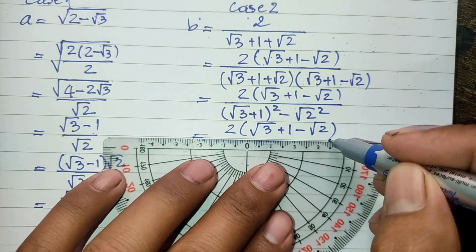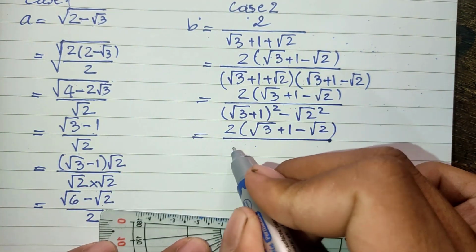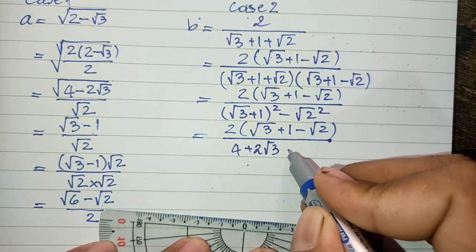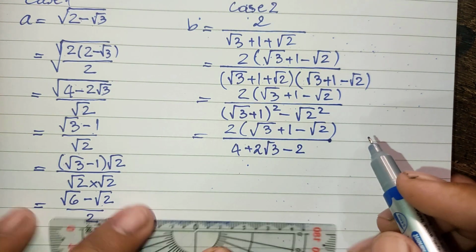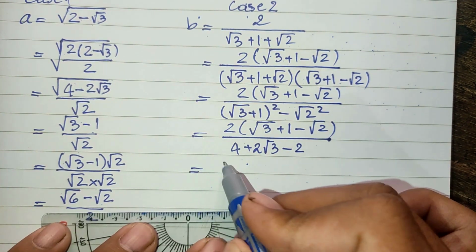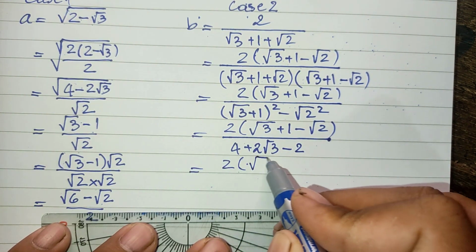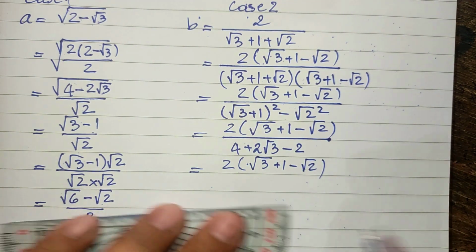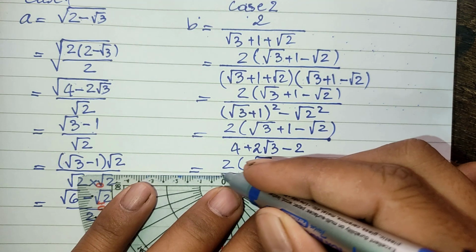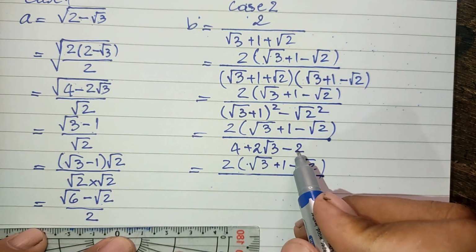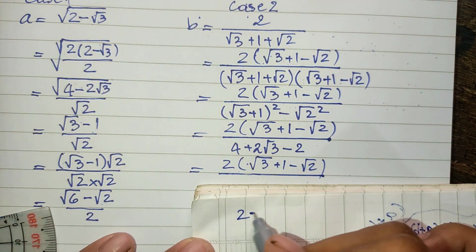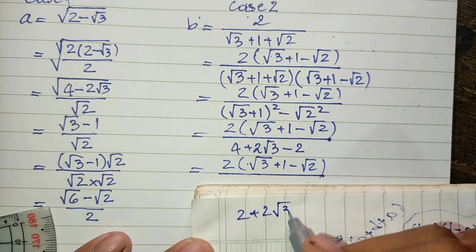And we divide this by this, we get 4 plus 2√3 minus 2. So it's equal to 2 multiplied by (√3 + 1 − √2), divided by 4 minus 2, we get 2, and this 2 plus 2√3.